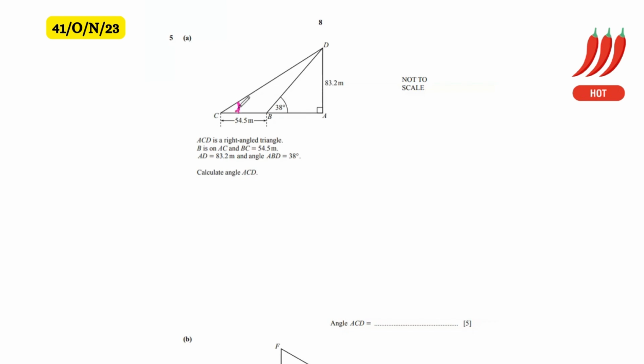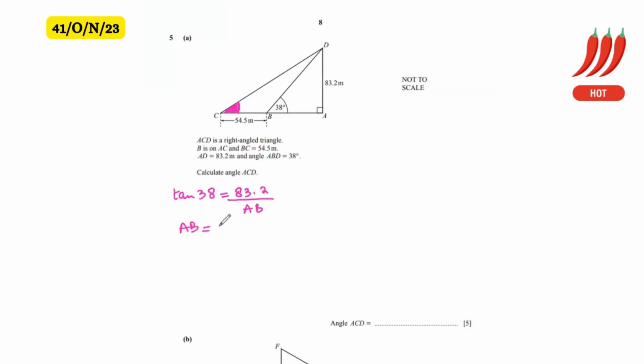So to find this angle, we can first find this length over here, which is going to be done using SOHCAHTOA. We'll use tan because we need the adjacent. We have the opposite. So tan 38 equals to 83.2 divided by AB.